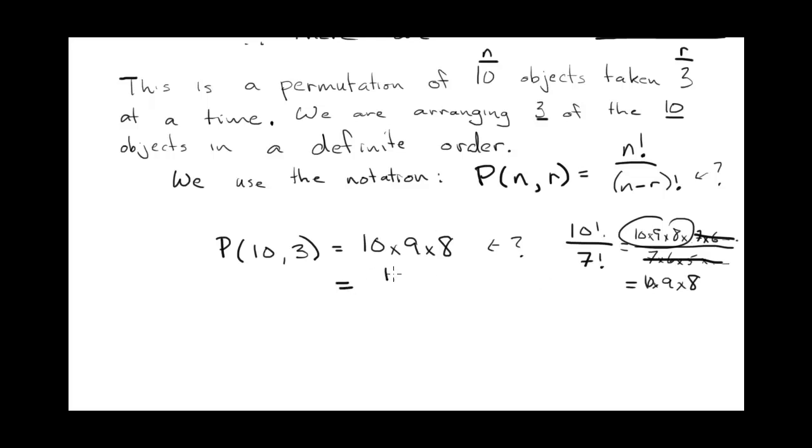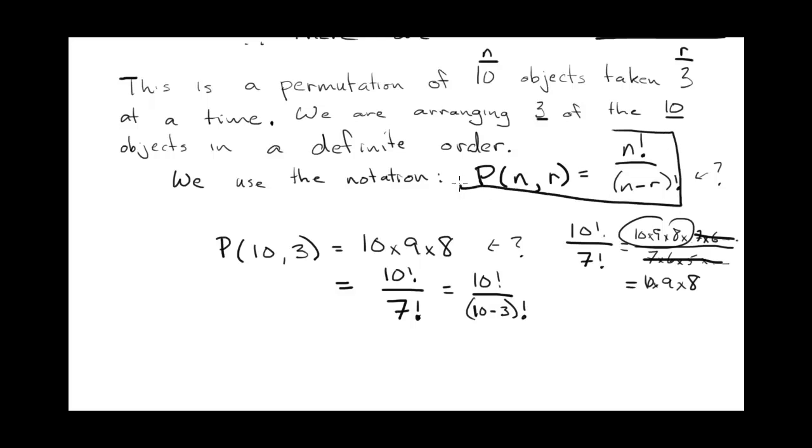So this is really equal to 10 factorial over 7 factorial, and 7 is just equal to 10 minus 3. 10 minus 3 factorial, which is where we get this thing.